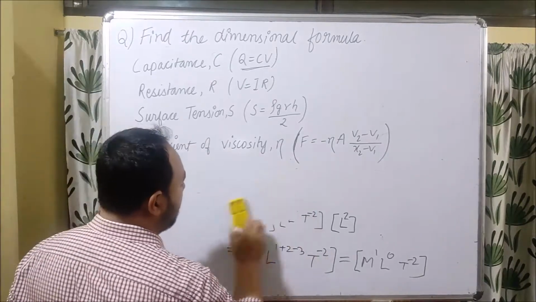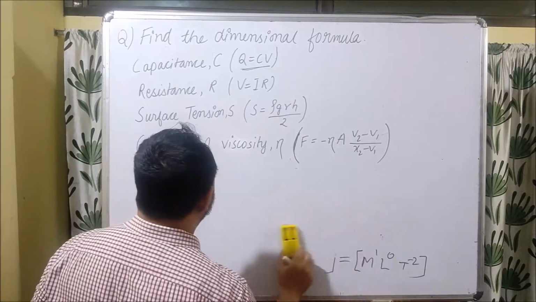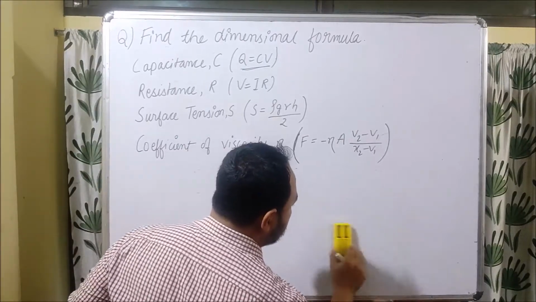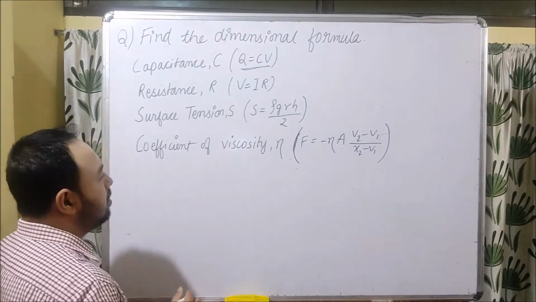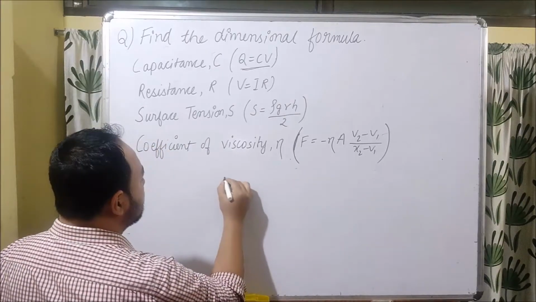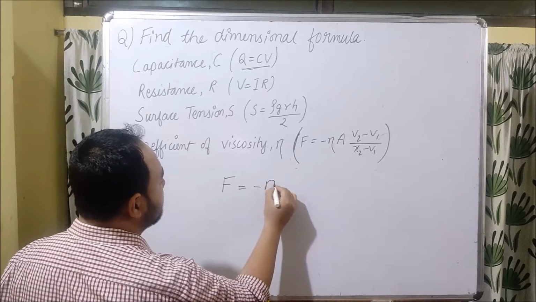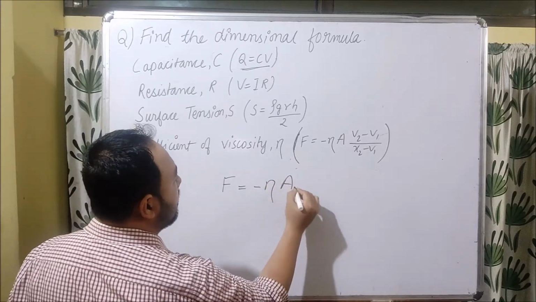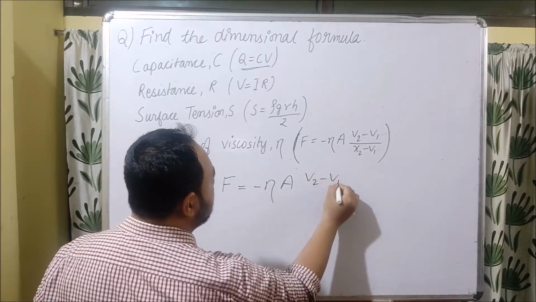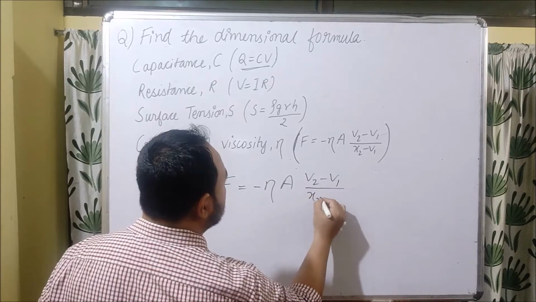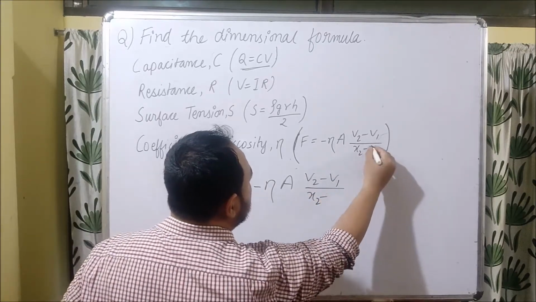Next we will find out the dimensional formula for coefficient of viscosity. So the relation for viscosity is given. The force is equal to minus eta A (v2 minus v1) by (x2 minus x1).